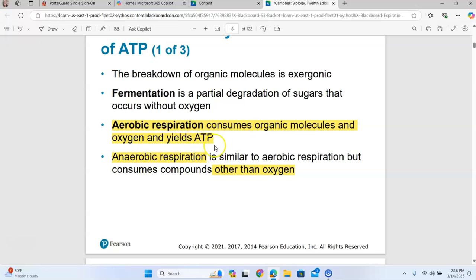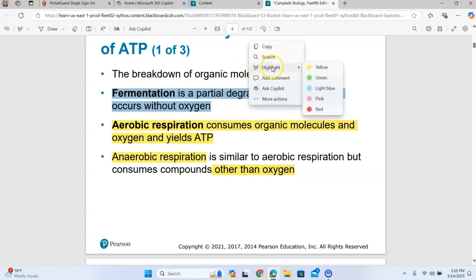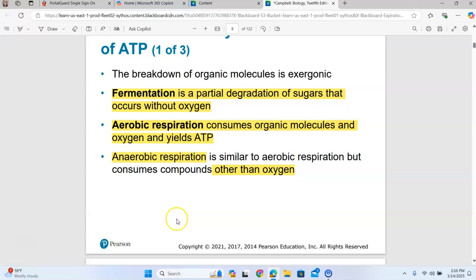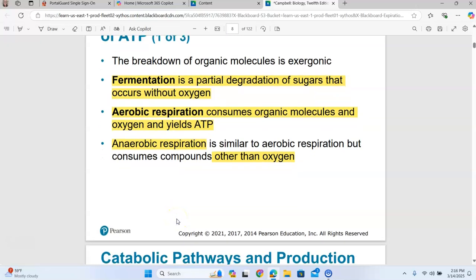And you typically get less ATP from anaerobic respiration. Fermentation is a type of anaerobic respiration. It is a partial degradation or breakdown of sugars that occurs without oxygen.